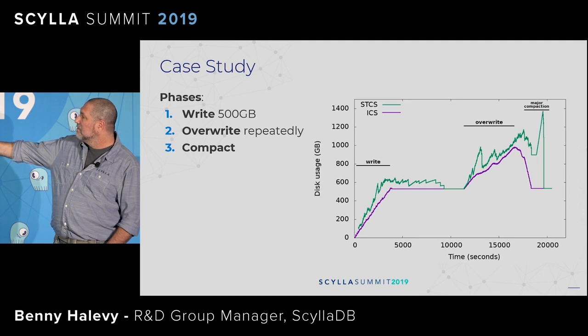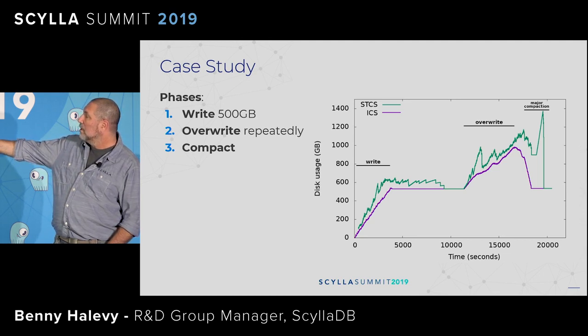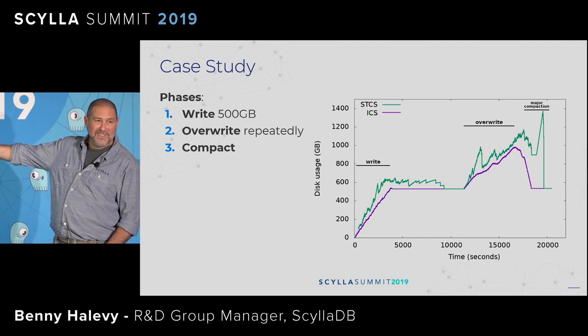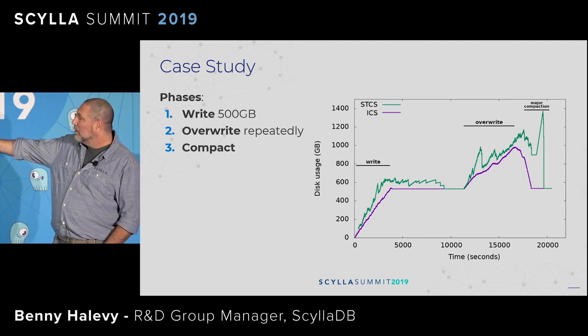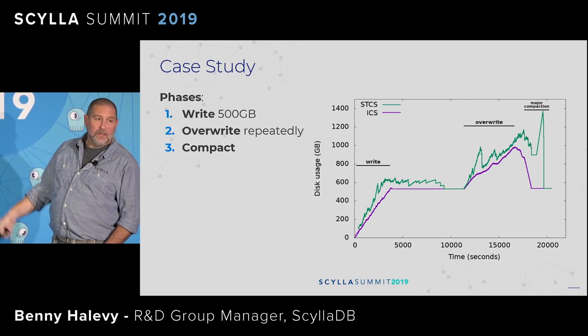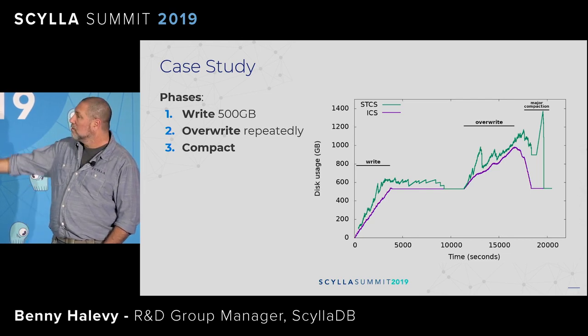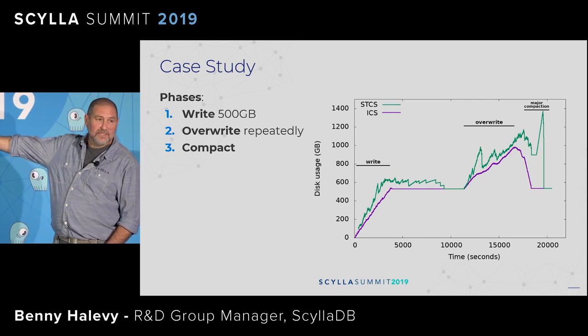And we see this very high peak with STCS, which goes almost to 1.5 terabytes in size, almost 3 times the data size. While with ICS, space drops down rapidly to the net size of the data.